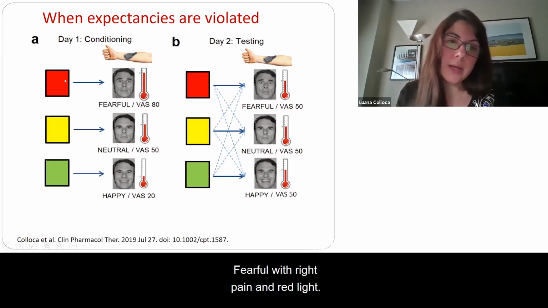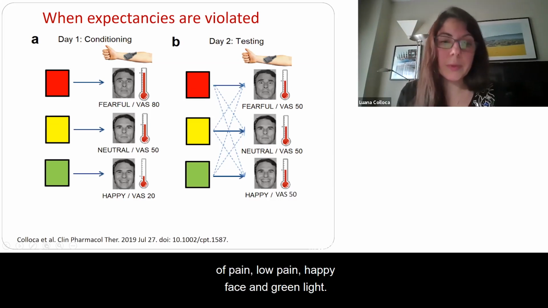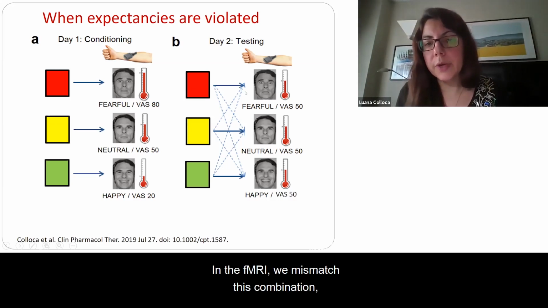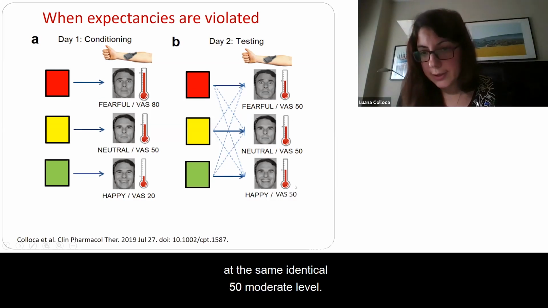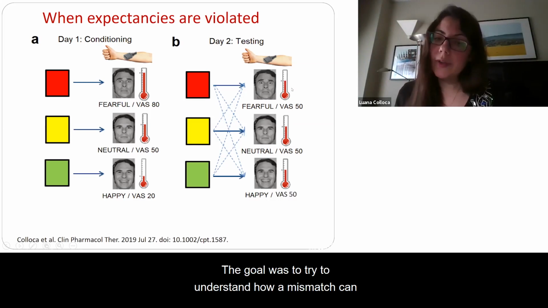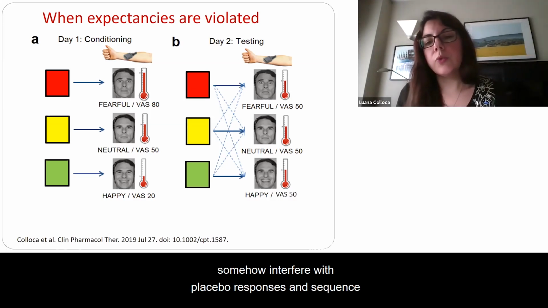Fearful with high pain and red light, neutral and yellow light, medium level of pain, low pain, happy face, and green light. In the fMRI, we mismatch this combination and we set all the levels of pain at the same identical moderate level. The goal was to try to understand how a mismatch can somehow interfere with placebo responses and nocebo responses.